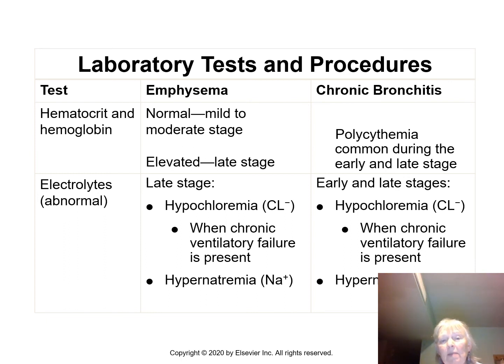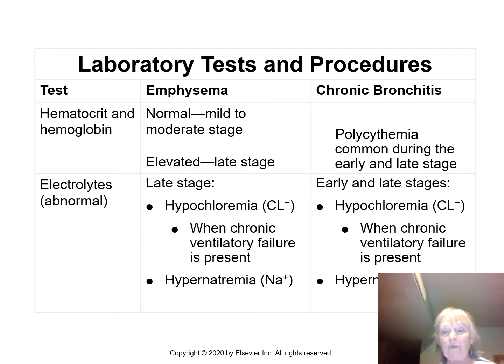Tests that we see, hematocrit, hemoglobin, and basically with the electrolytes, one of the things that you see is you have an increase in your bicarb, because remember your bicarb is actually compensating for the increased or elevated CO2. As a result of that, your chloride has to go down. The body does not hang on to excess electrolytes.